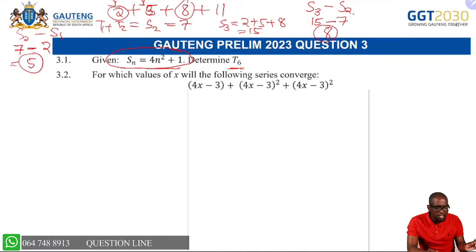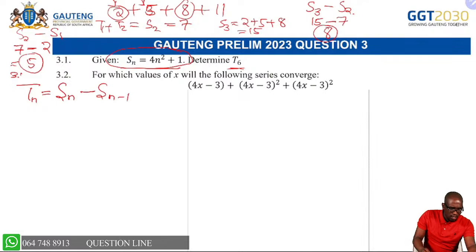So what we can conclude is that to get any nth term from the sum, we can use Sn subtract Sn minus 1. If I want to get the 5th term, I can take the sum of 5 terms, subtract the sum of 4 terms. If I want T4, I can take sum of 4 minus sum of 3. So it's very important that we generate that particular conjecture from the sum.